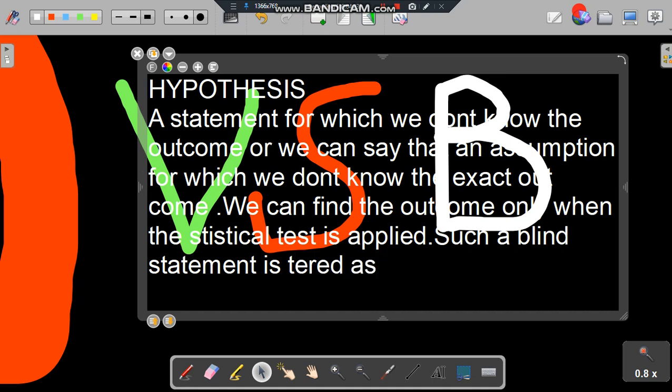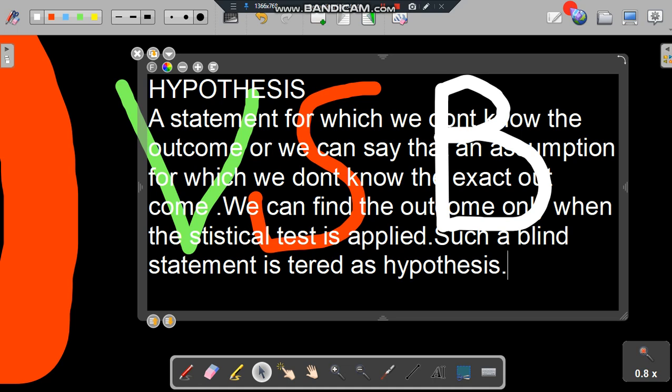So a hypothesis is a blind statement for which we cannot say whether it is true or false, but when we apply the statistical test, finally we can accept or reject the statement.